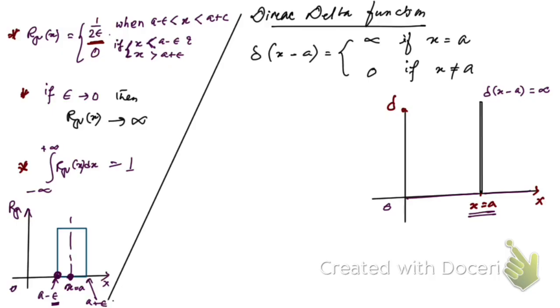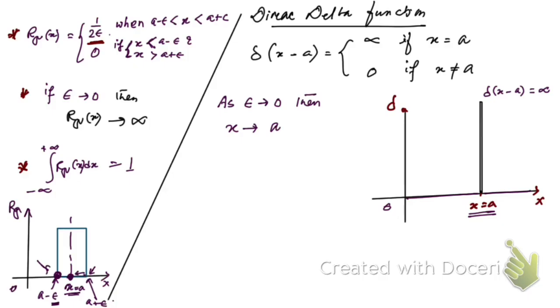Similarly, this point will also be very close to the point x is equal to a, right? So we can write, as epsilon tends to 0, then x tends to a, right?